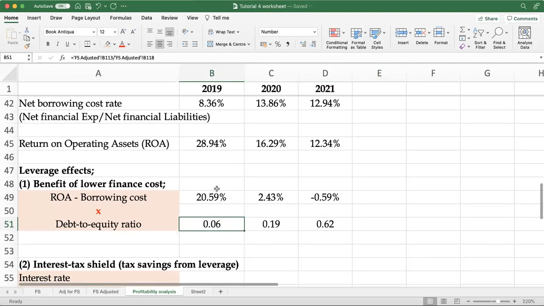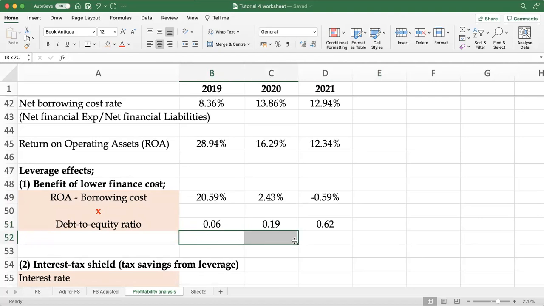If you multiply this ROA minus borrowing cost by the debt to equity ratio, you get the benefit of lower finance cost.